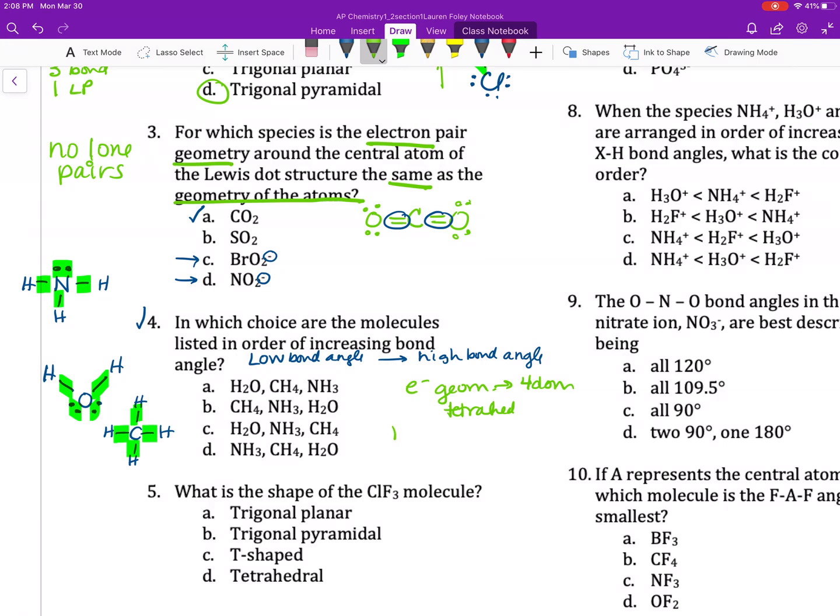But the only molecule that is a tetrahedron in actual molecular shape is going to be methane because all 4 of those domains are bonding domains. So for a true tetrahedral molecular shape, the bond angle is 109.5 degrees.